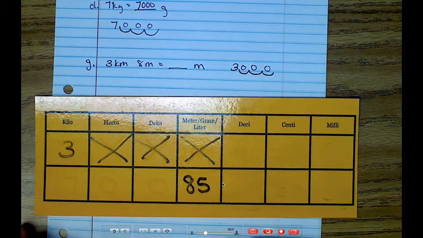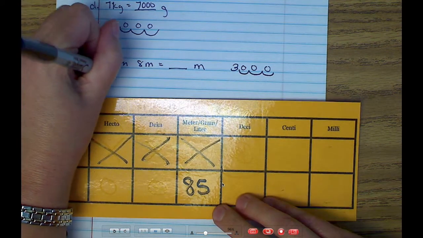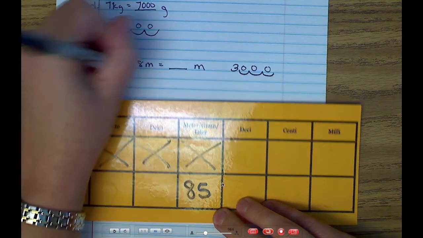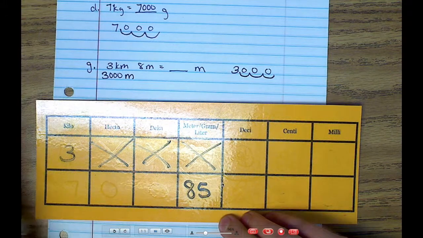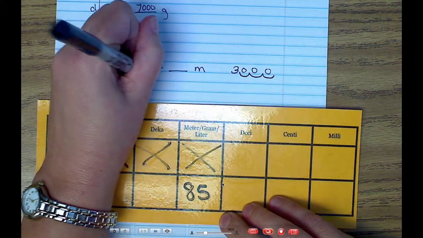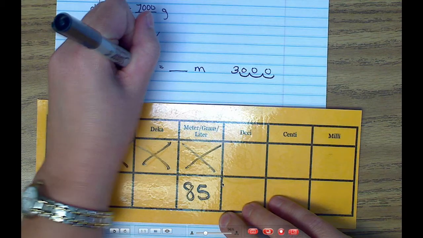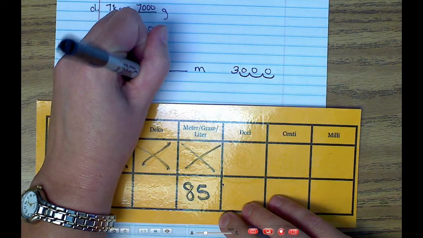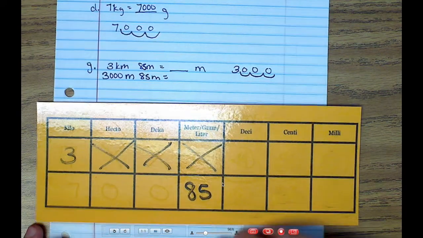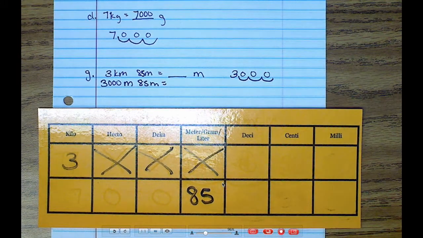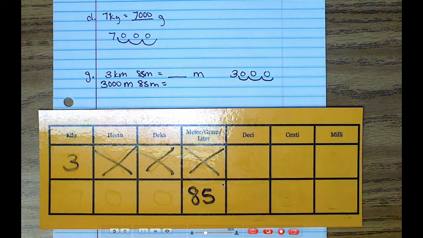So we have, this would equal meters and 3,000 meters and 85 meters. Is there an easier way to do that?